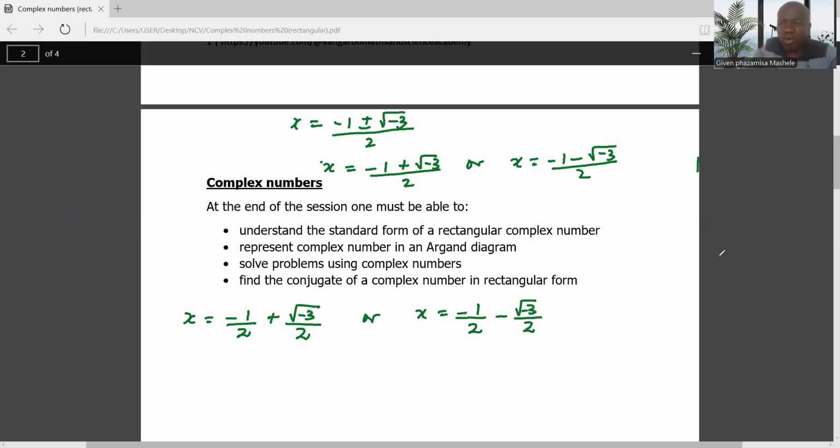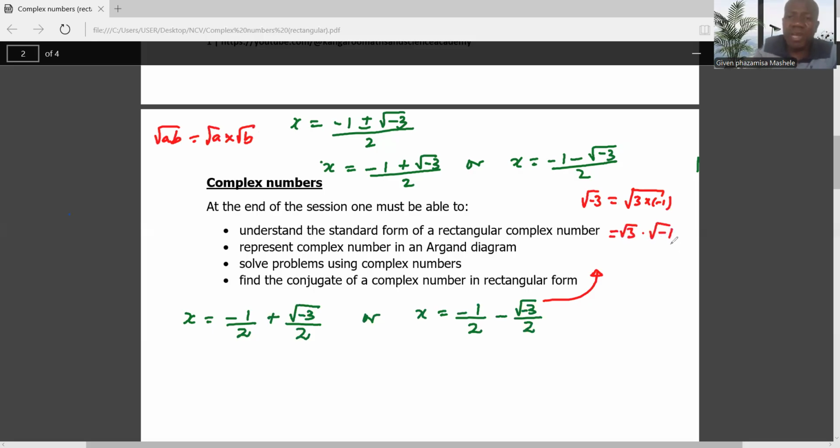Then we have to expand the square root of -3. Using surds, the root of -3 can be written as the root of 3 multiplied by -1. We know that the square root of a times b is the square root of a times the square root of b. Then this becomes the root of 3 multiplied by the root of -1.